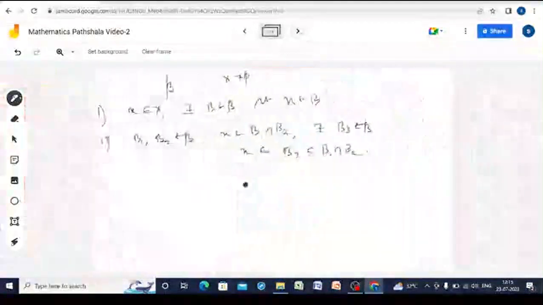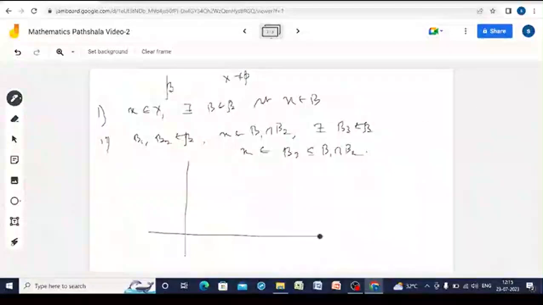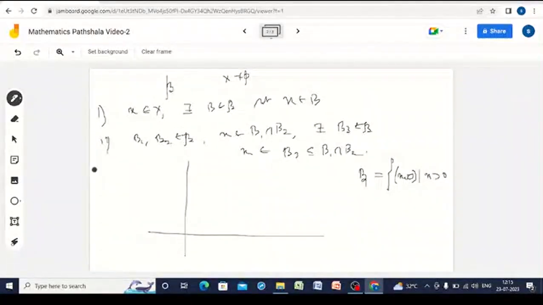So consider in R2 two right half planes. Number 1, B1 is the right half plane of all (x, y) belonging to R2 such that x greater than 0, that means this area.